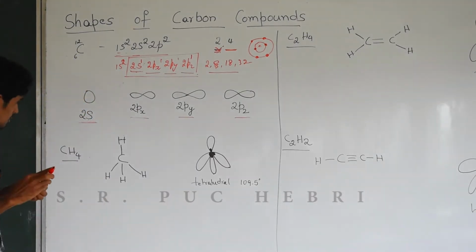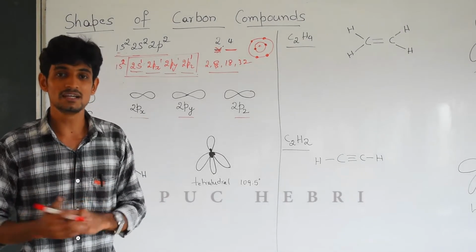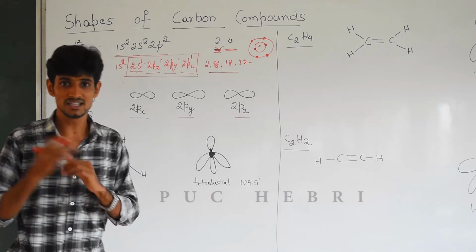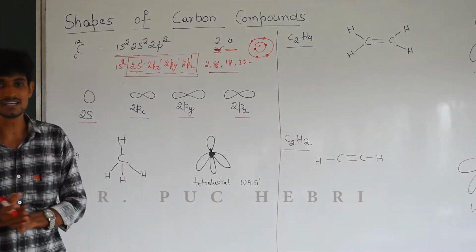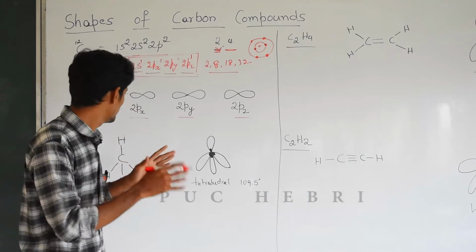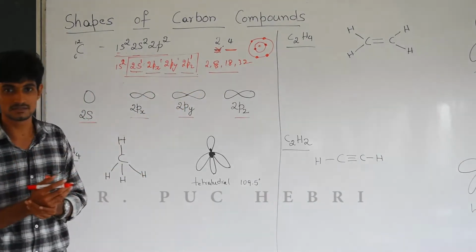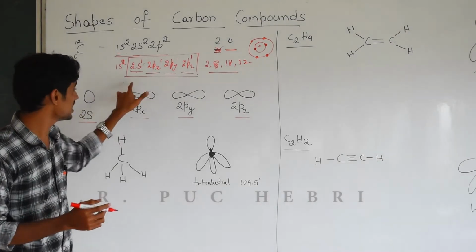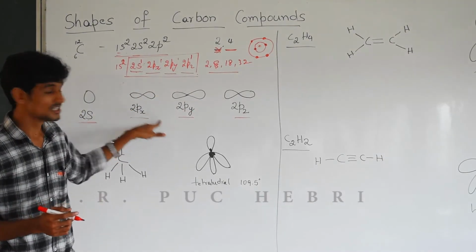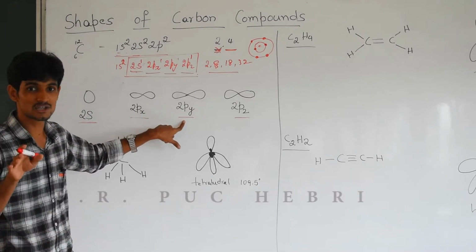Now when this carbon is going to combine with any other element, or with carbon itself, in order to form a bond, these 4 orbitals should combine with the other elements, right? Because these are the outermost orbitals, and in these 4 orbitals the outermost electrons are present.